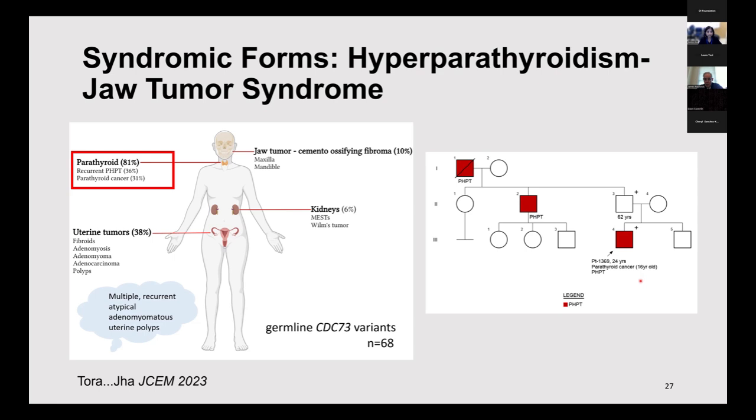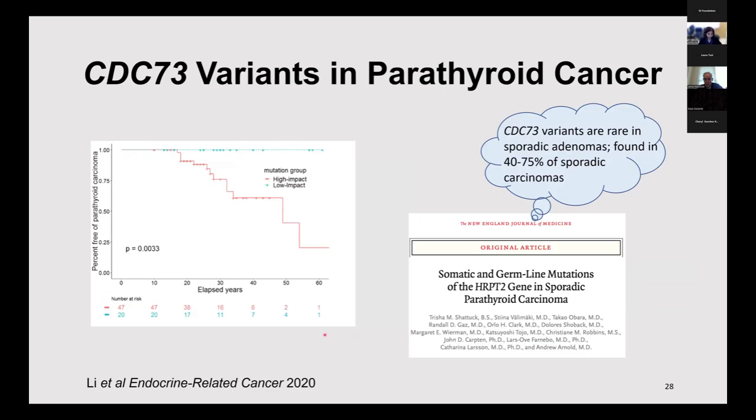Now, a few years ago, my colleague Dr. Bill Simons had reported on the genotype-phenotype correlation in this syndrome. So basically, he divided patients seen in our cohort into two groups: those that had truncating mutations, so frame shift mutations and large deletions, were categorized as high impact mutations, and those that had missense mutations were categorized under low impact mutations.